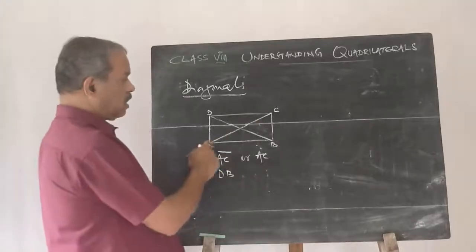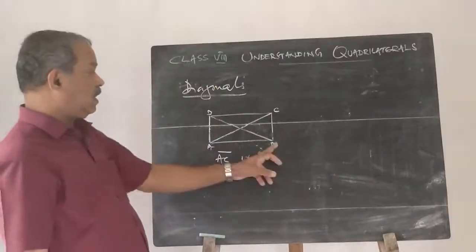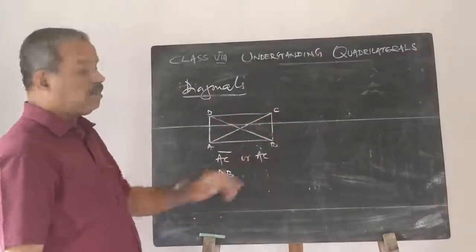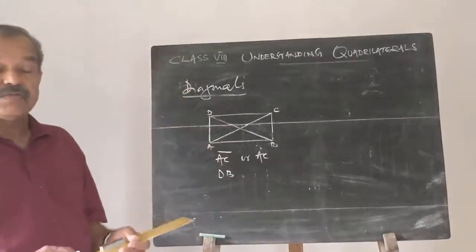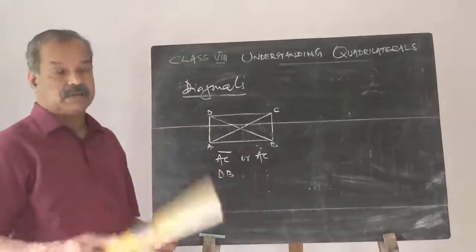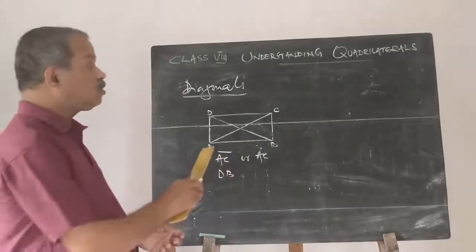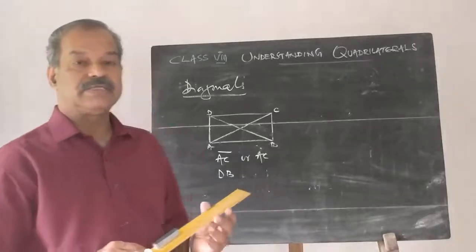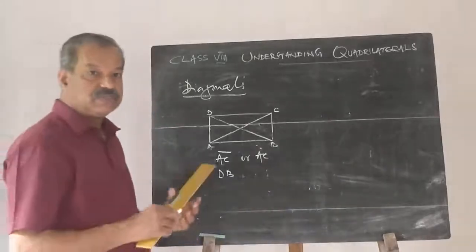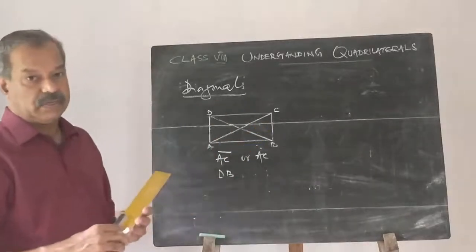So quadrilateral ABCD has two diagonals, AC and DB. Diagonals of a polygon are line segments joining two non-consecutive vertices.